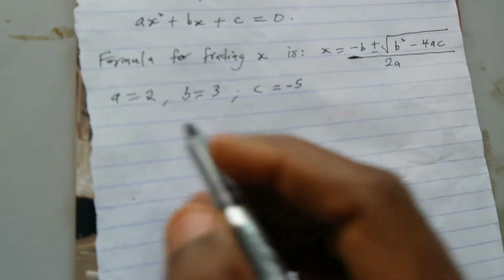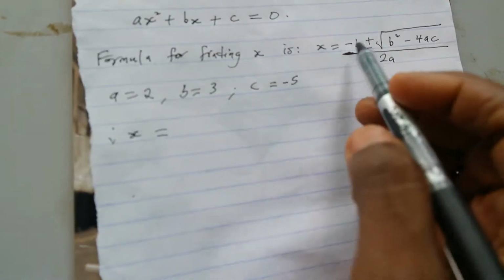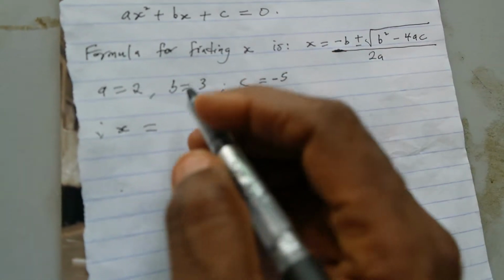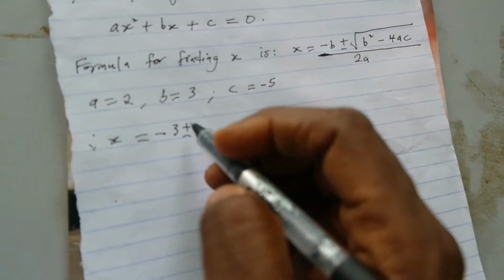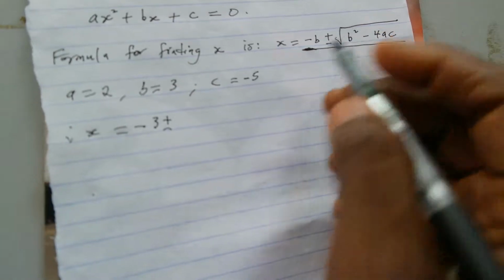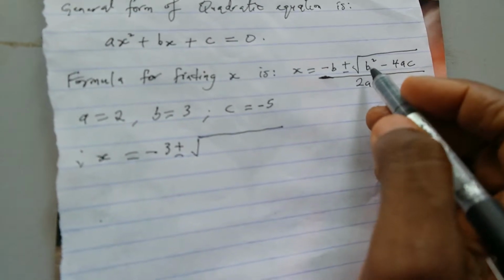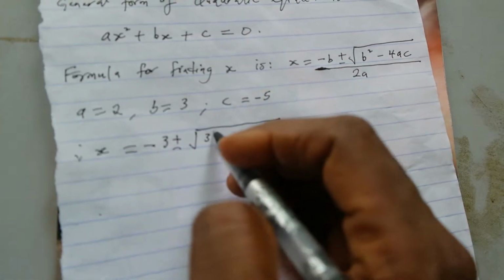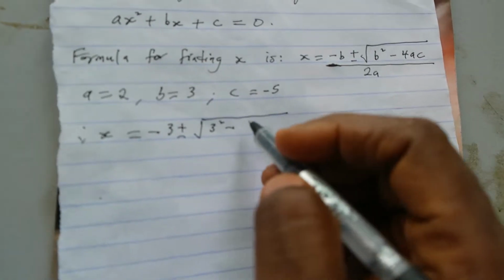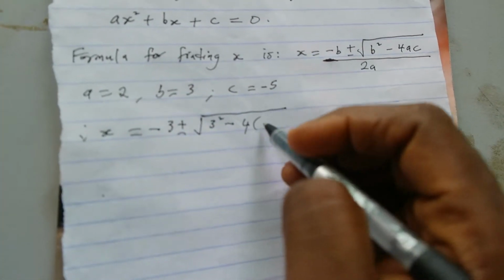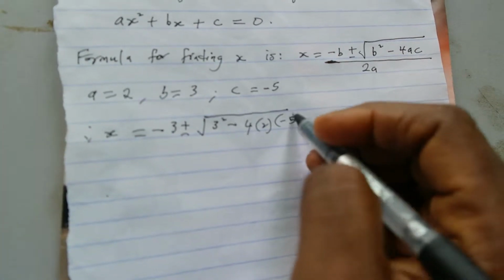Now, applying the formula, x will be equal to minus b here. So that will be minus 3, plus or minus square root of b squared, so we have 3 squared, minus 4ac, so we have 4, a is 2, then c is minus 5.